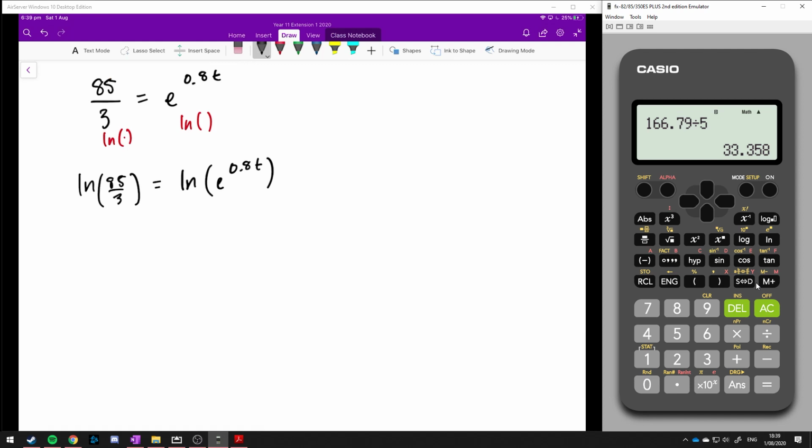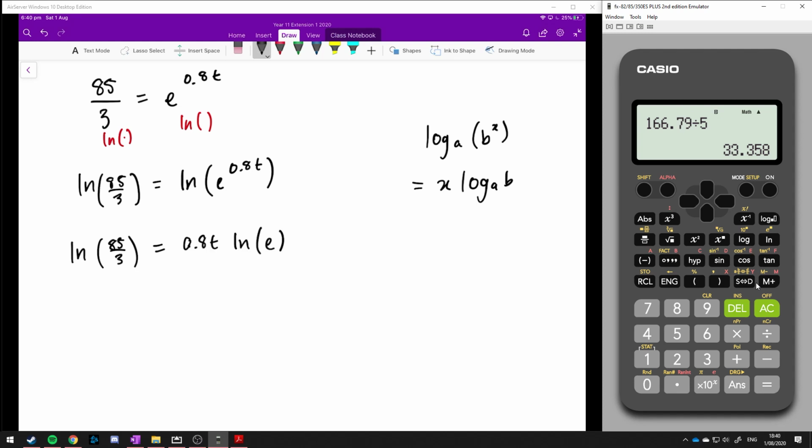Now remember the power of a logarithm rule. The power rule is if you have log a of b to the x, then that's the same as x lots of log a of b. So essentially if you have a power, you can bring it down the front. So this is the same as log of 85 on 3 is equal to 0.8t log of e. Now we know that this is equal to 1.